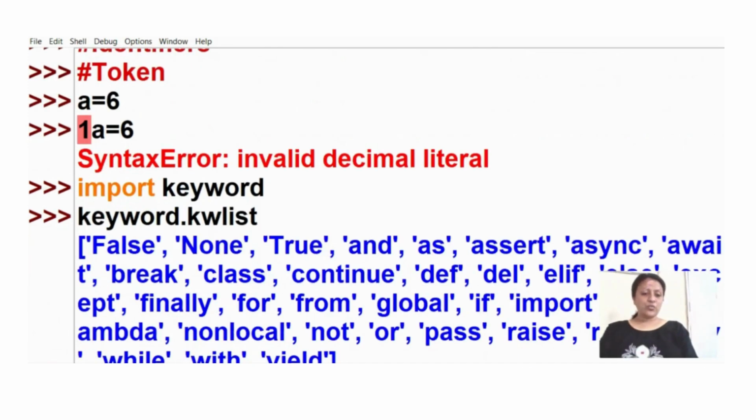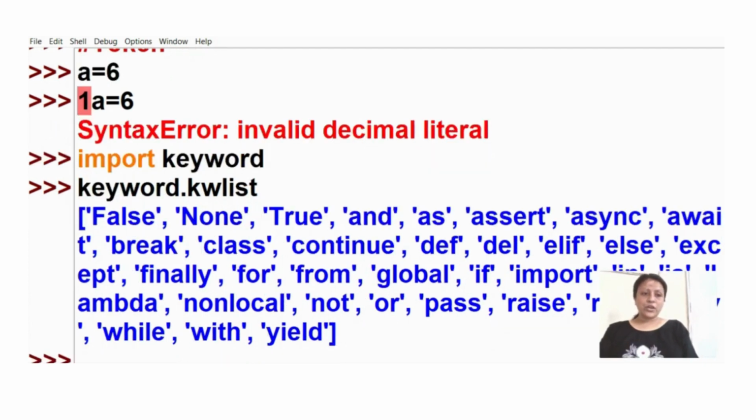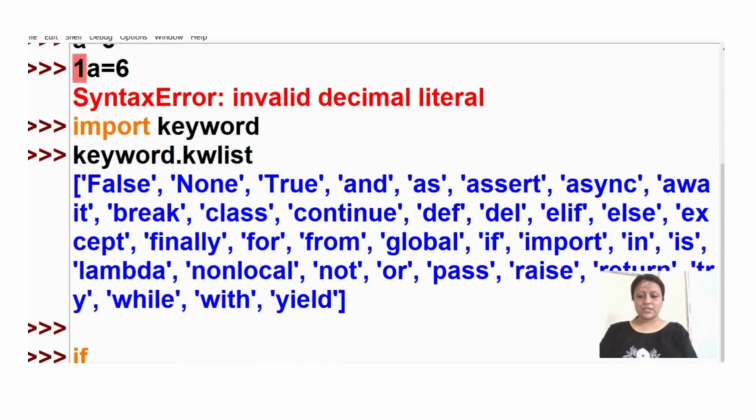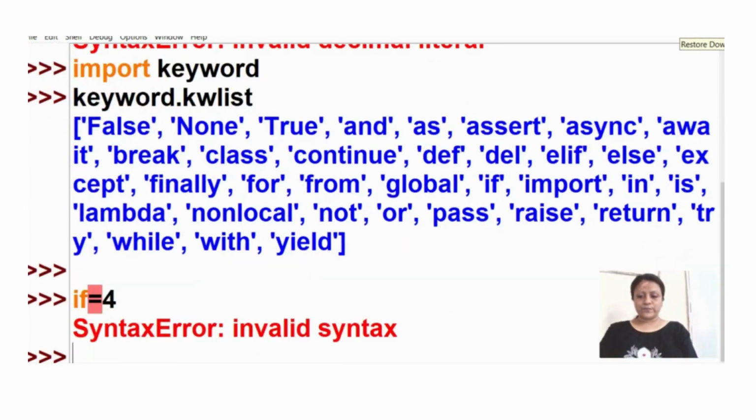So this will give you the list of keywords, and among these you cannot use any of them as identifier. For example, you cannot use if to assign some value. It will give syntax error.